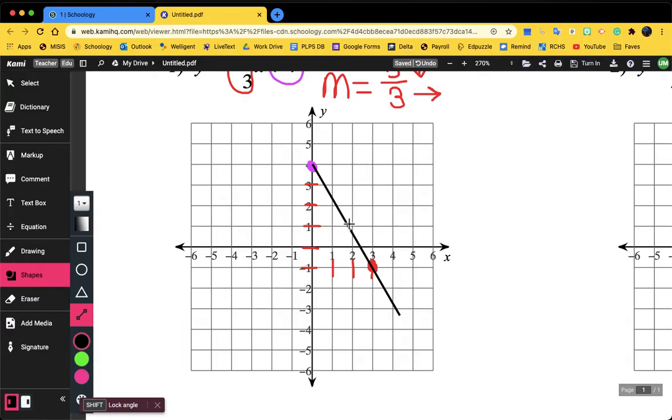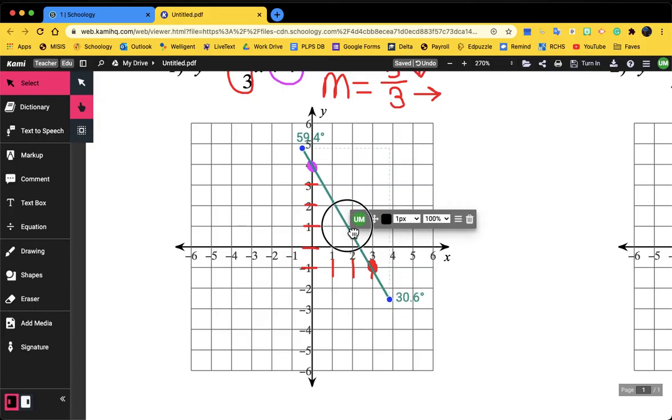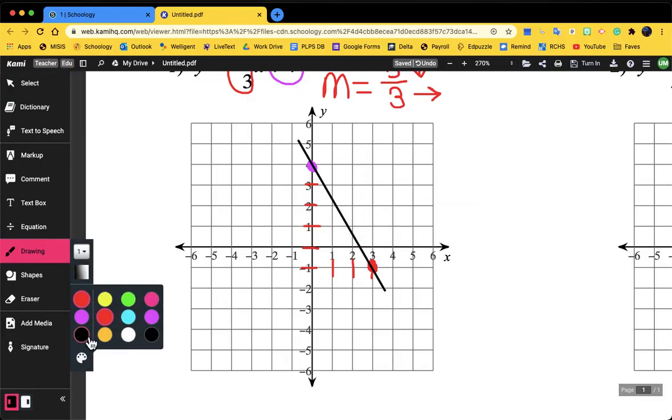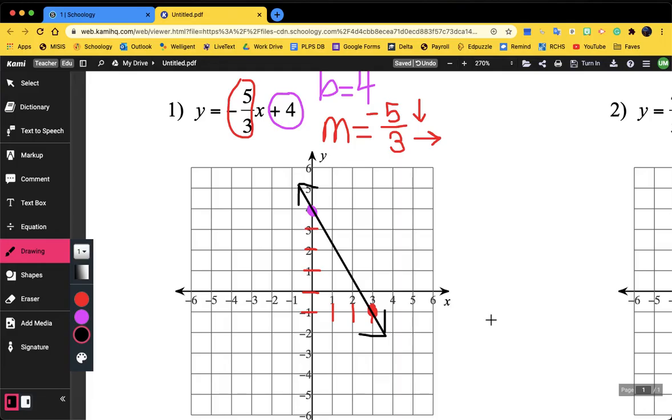Okay? And the reason I'm going to do that is because, look, I'm going to go back to select here. Is it hand tool? Let's see. Yes. And I'm going to make my line a little bit like that. And I'm going to go back to drawing, and I'm going to pick black, and I'm going to make my arrow that way, arrow that way, and there, kiddos, is my number 1.